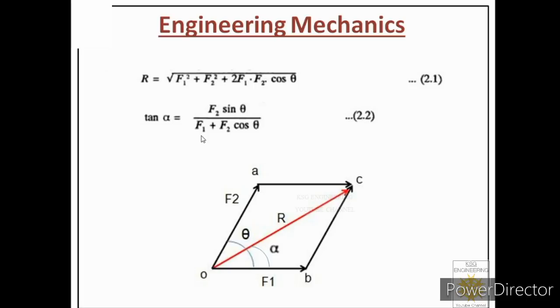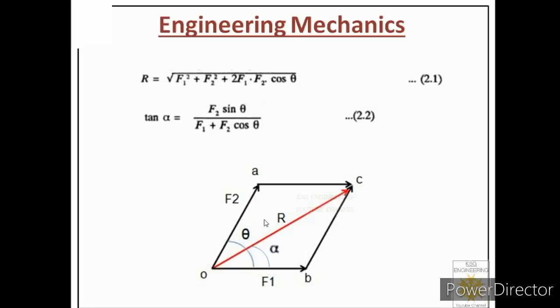So let me give you a very simple rule for this. Suppose we are given this as 10 Newton and this force as 20 Newton. Remember, if you are taking angle of resultant with 10 Newton force, then you have to represent the other force, which is 20 Newton, in the denominator. So in that case 20 Newton will become F2.